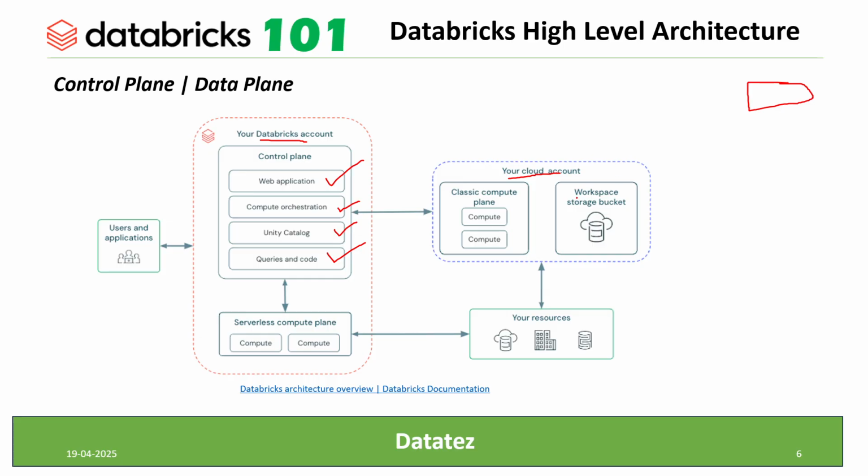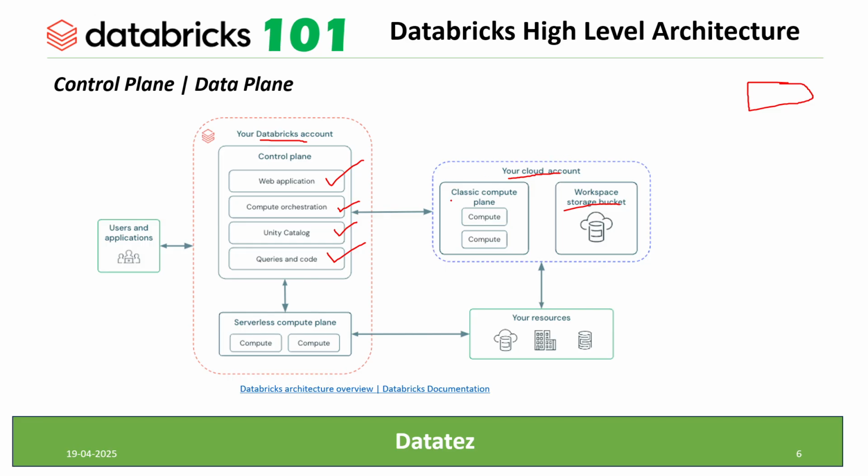So that's what we call here the workspace storage bucket. All of the data will be residing in your cloud account, the user's cloud account, customer cloud account, client cloud account, whatever we have to call it. Apart from that, the compute machines, the VMs required for running the cluster, will also be drawn from the user's account.